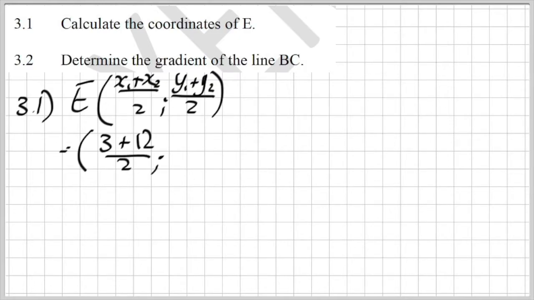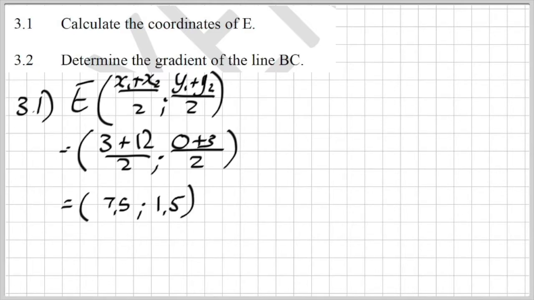So I'm taking those two sets of coordinates and I'm doing the x part, so 3 plus 12 over 2. And I'm doing the same with the y parts, 0 plus 3 over 2, which means E's coordinates are 7,5 semicolon 1,5. Now you can put this as 15 over 2 and 3 over 2. That's 100%. I don't mind that. I actually prefer using fractions.